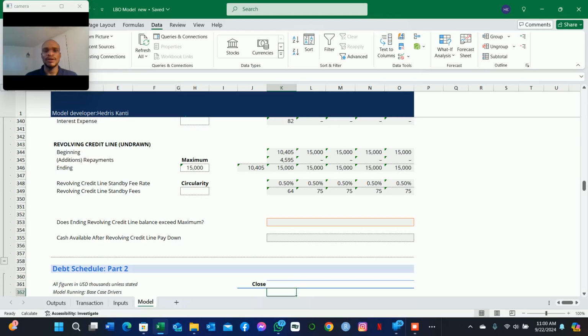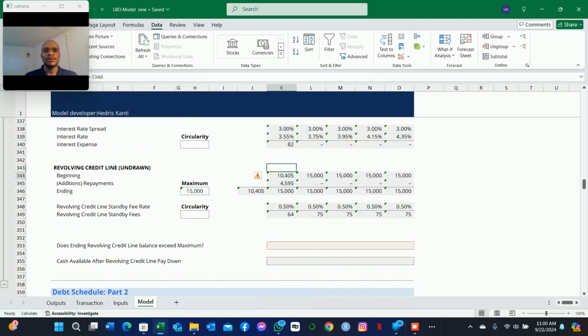So going forward, we want to begin accounting for those ending revolving credit line exceeding the maximum balance. So we want to account for that here, this ending revolving line exceeding the maximum balance.